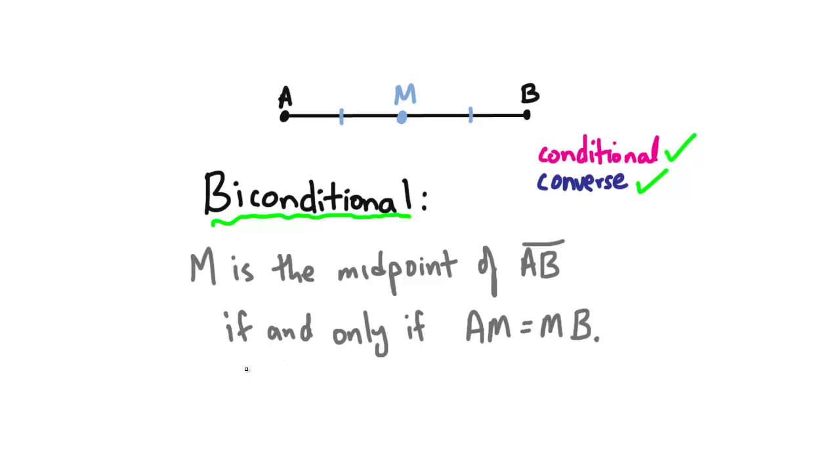And we know that we have to use the phrase if and only if. So the biconditional will be M is the midpoint of segment AB if and only if AM is equal to MB.